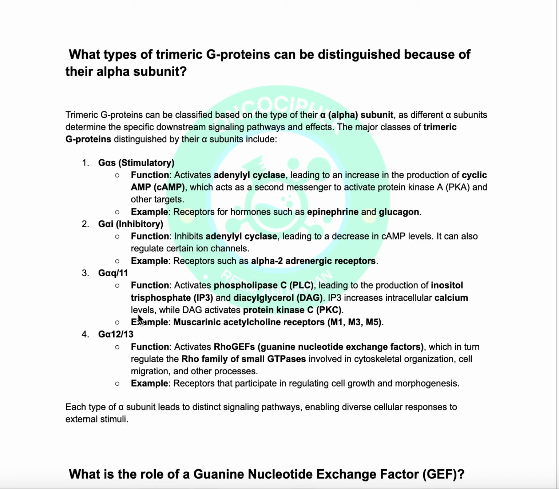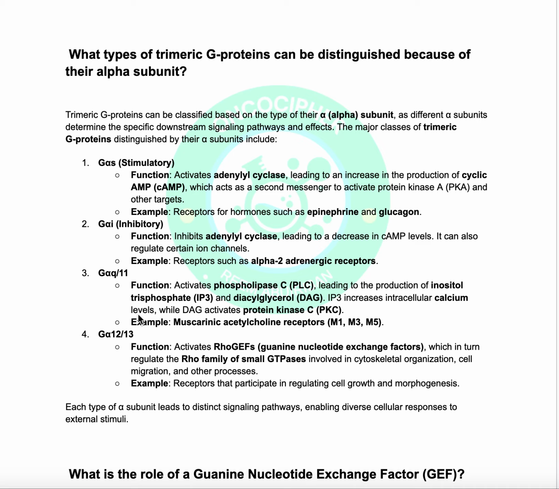So the alpha 2 adrenergic receptors contain G alpha inhibitory. We have also G alpha Q/11, which activates phospholipase C, leading to production of inositol triphosphate and diacylglycerol.